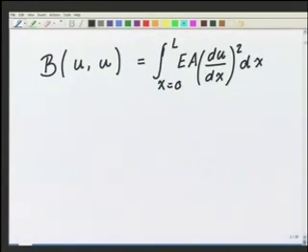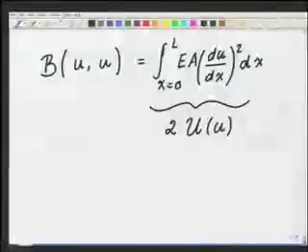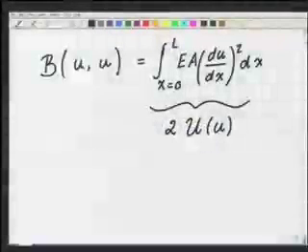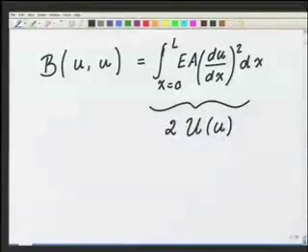Now what is this quantity equal to? As we had done earlier, it's twice the strain energy due to the function u. If I have a displacement u, we have a strain in the material. The strain leads to a stress, and the strain energy of the body is equal to my calligraphic U. And it turns out that b by this definition is nothing but twice the strain energy of u.